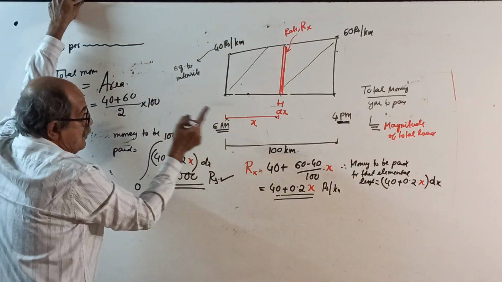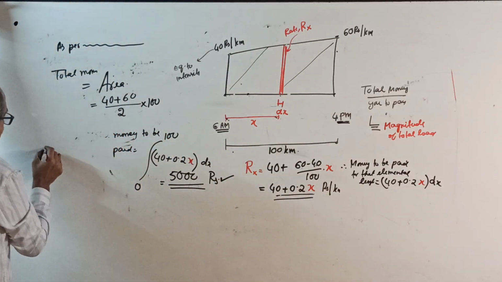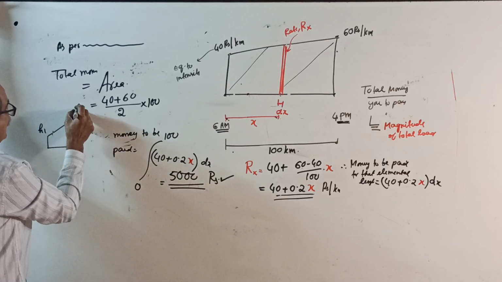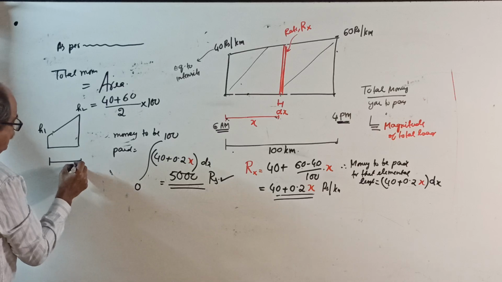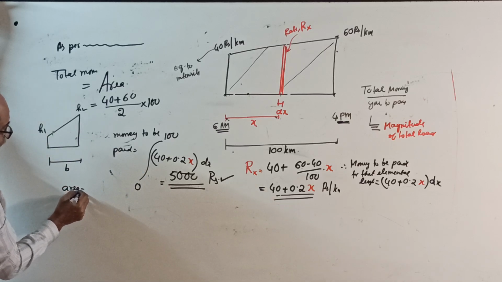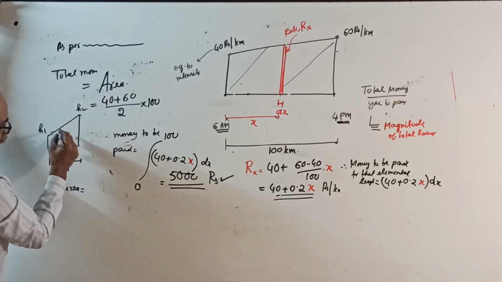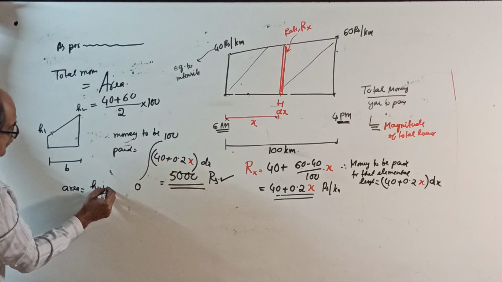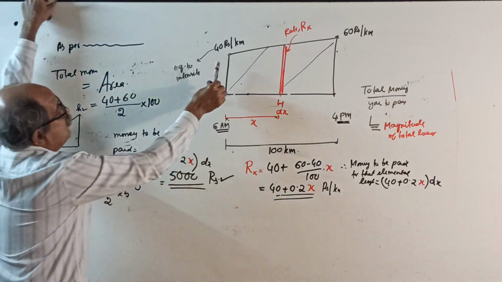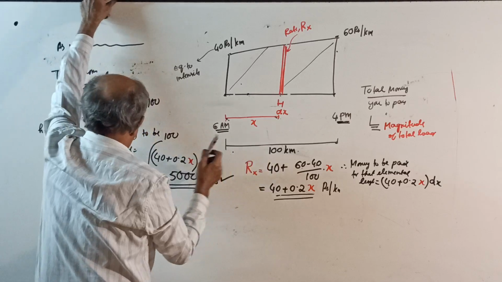Remember, if there is a trapezium where this side is h1, this side is h2, and this base length is b, the area is equal to the sum of the two parallel sides, h1 plus h2, divided by 2, into b. So 40 plus 60 divided by 2 into 100.